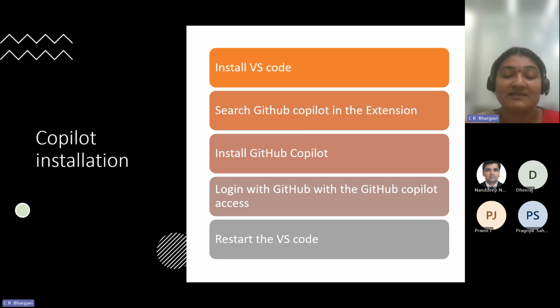Once that is done, you get a pop-up. I will cover that in detail in the demo, and after that we have to restart VS Code, and that's it. We are done with the GitHub Copilot installation. It is now ready to use.